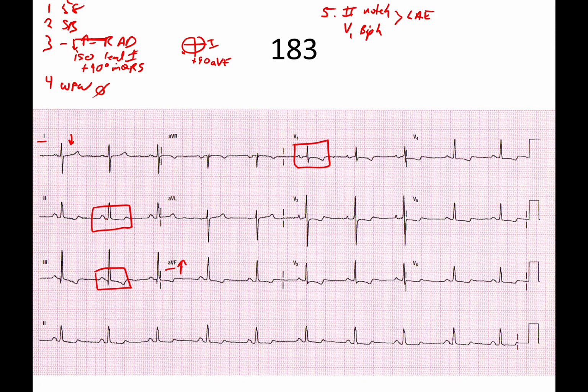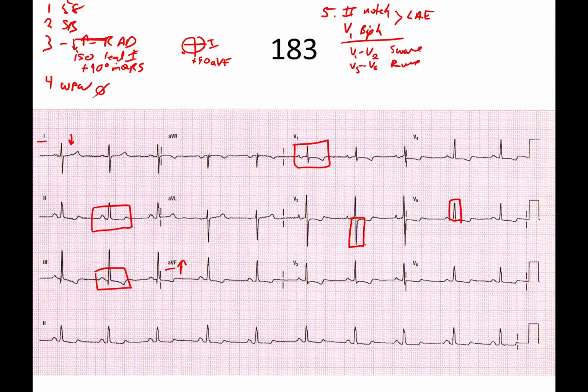We are now going to look at our ventricles. We're going to do V1, V2, and my S wave isn't terribly impressive here. And then if I look over at my R wave, V5, V6, R wave, I really don't have much at all.